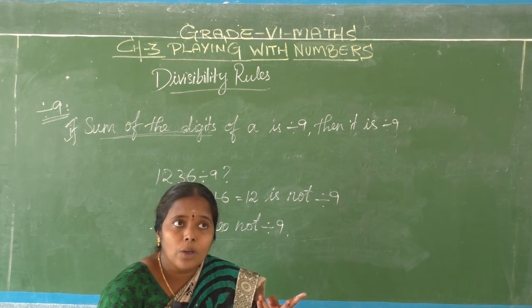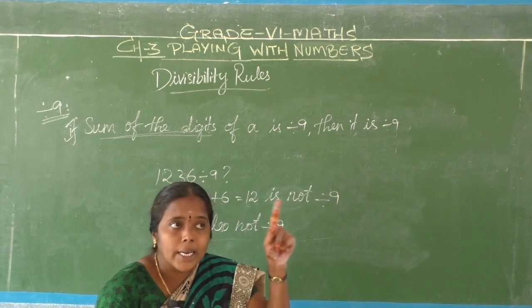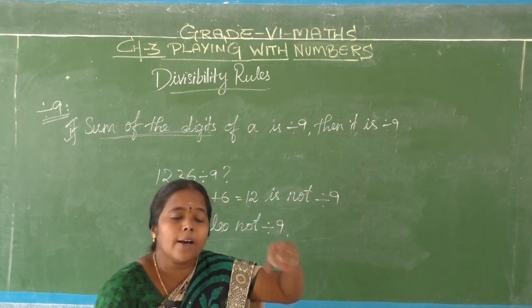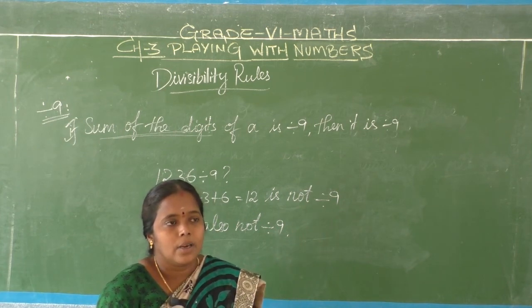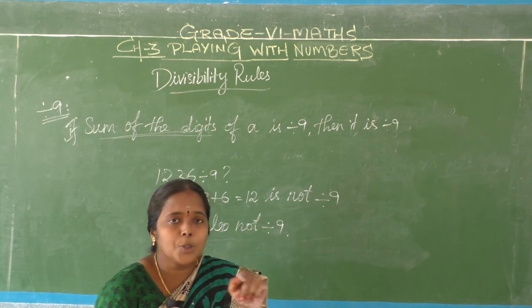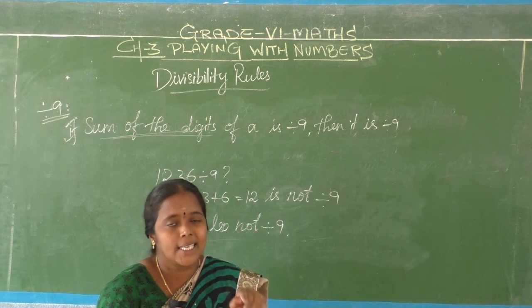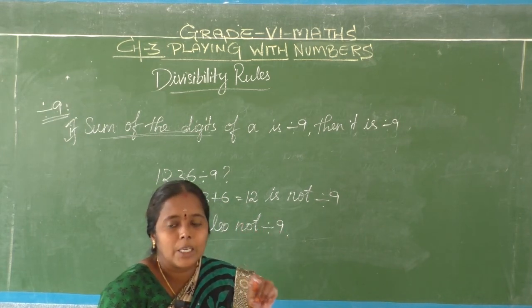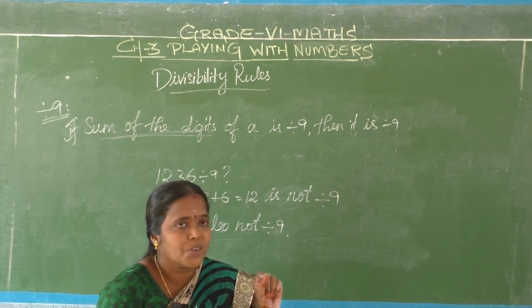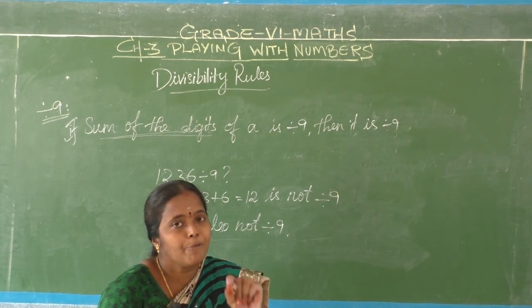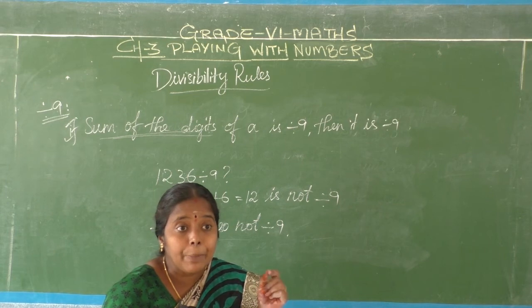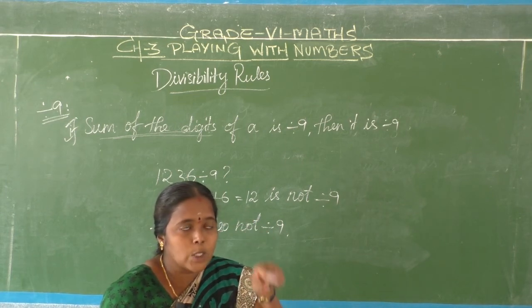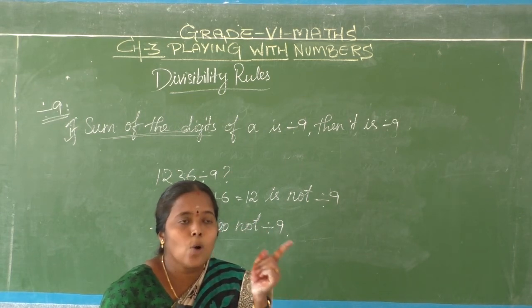Divisibility by 4: condition 1, the number must have 3 digits or more, and then the last 2 digits, that is the ones and tens places, are either 0, 0 or a multiple of 4. This is the condition for dividing any number by 4. Divisibility by 5: in its ones place it must have either 0 or 5.